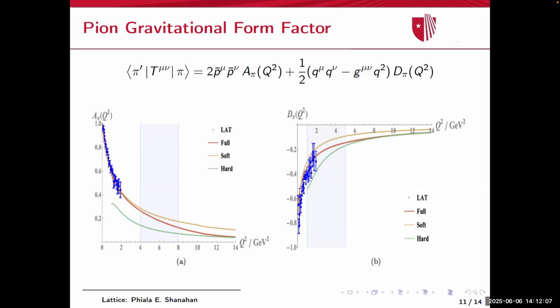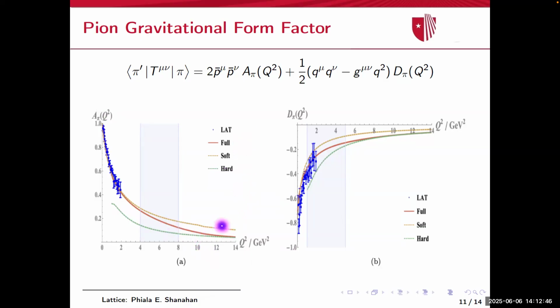The gravitational form factors for the pion, we have A and D. I think people already know this from Yoshitaka's talk. Here the blue one is from the lattice group at MIT, and the red one is our full calculation from the instanton. Basically, when you go to high energy, the perturbative gluon becomes more and more important, so we have to consider the perturbative contribution over here.